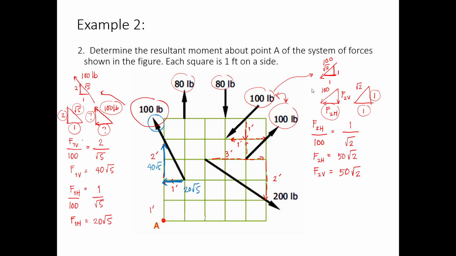Alright, so if you draw the component forces in your diagram, the first force is going downward, then to the left. Then the other component force is going up, then to the right. So all forces are equal to 50 square root of 2.